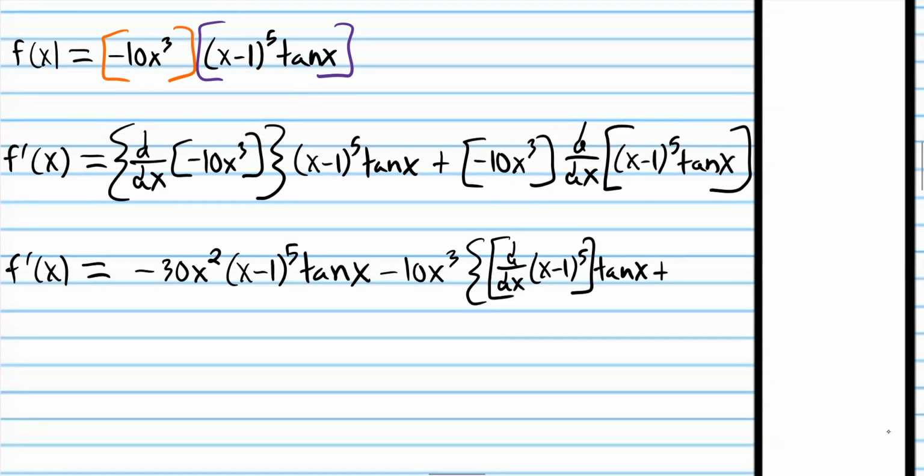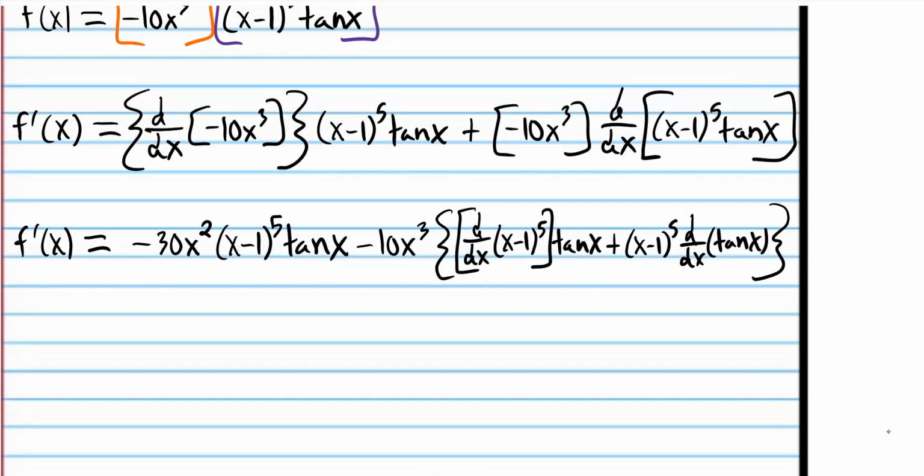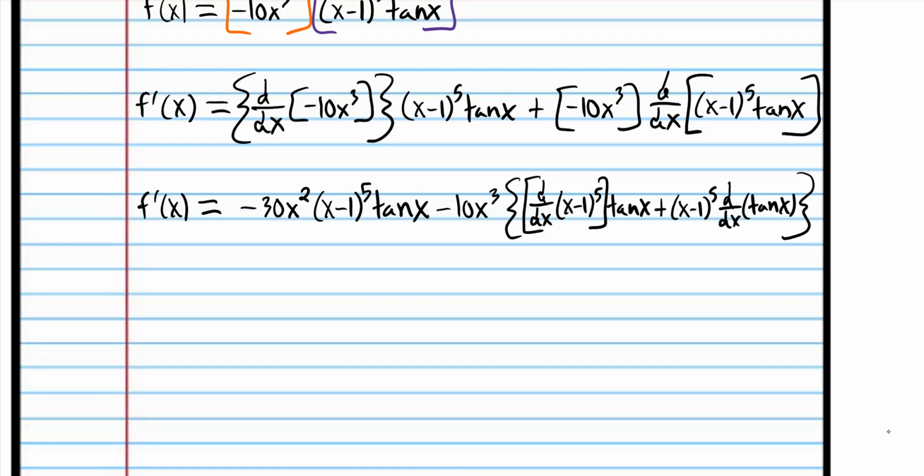And I'm going to add the first expression in the product multiplied by the derivative of the second expression in the product. So we're using the product rule again. And so I'm going to rewrite all this stuff at the front.